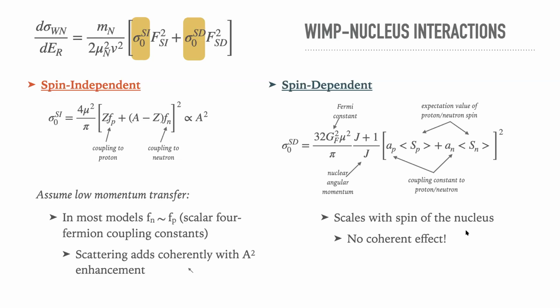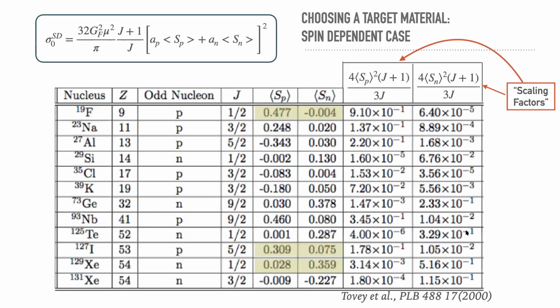So generally, if you're looking for an interaction where spin dependency is the dominant contribution, you want to look for a target that has a free neutron or a free proton for the coupling to happen to. Essentially you choose your material in the spin dependent case, if that's really what you want to go for, where you have that.